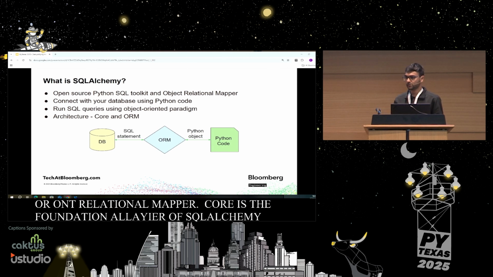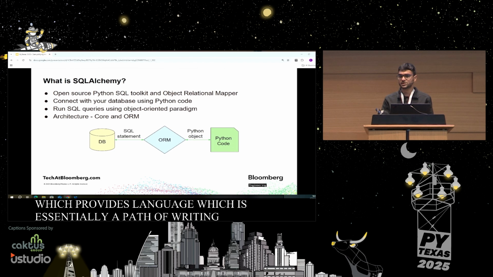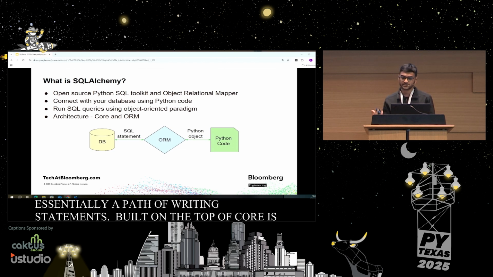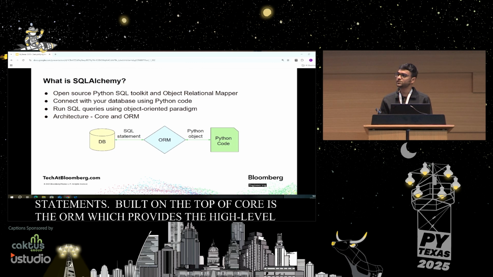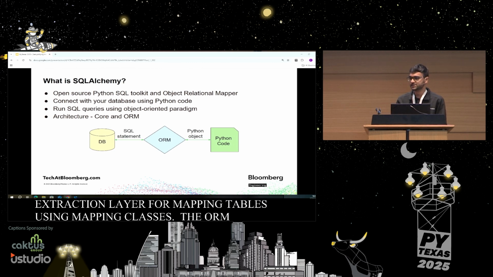Built on the top of core is the ORM, which provides a high-level abstraction layer for mapping tables in the database using Python classes. The ORM automates many common database operations, making it easier to interact with the SQL database without writing any SQL code.